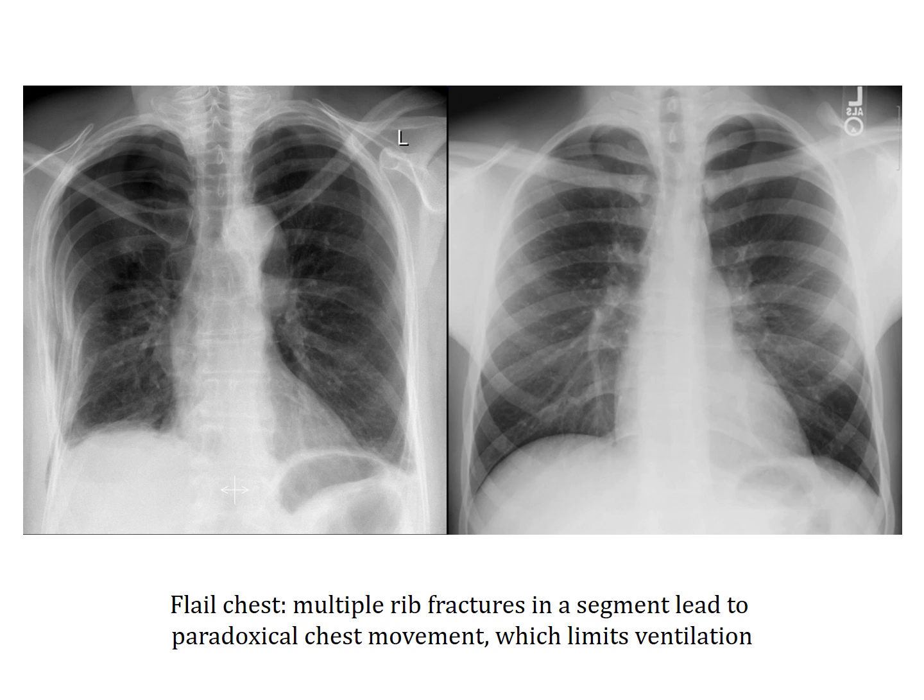Look at the differences in symmetry of the air, and then particularly on the right side, look at how that right side of the thorax is collapsed in due to that series of rib fractures. Can you see all that? That's a nice example of flail chest.